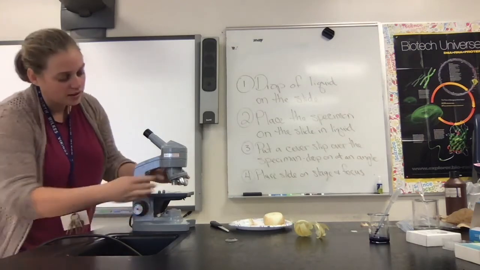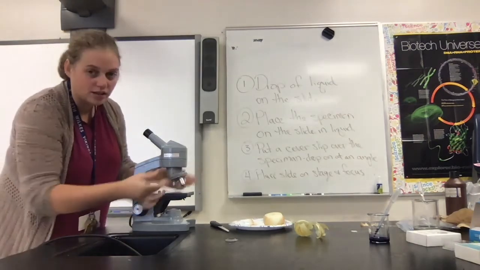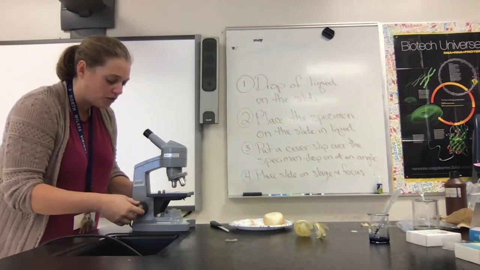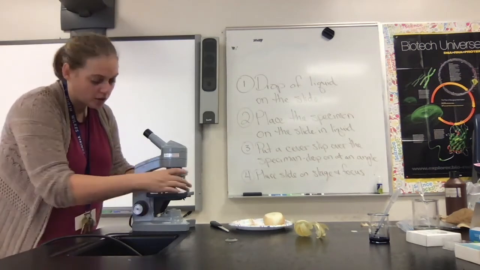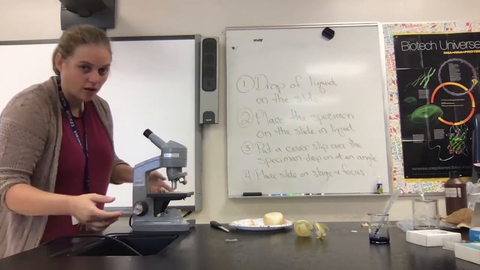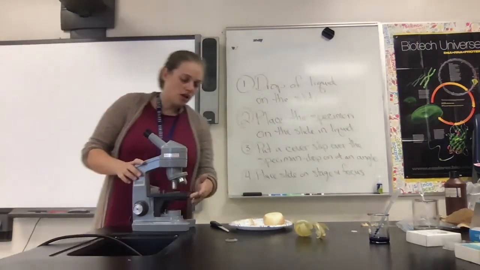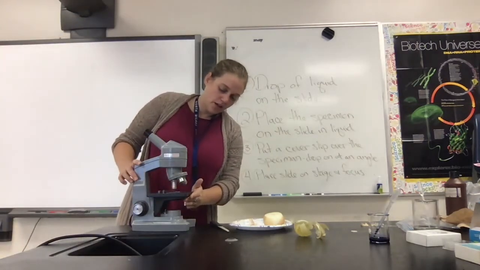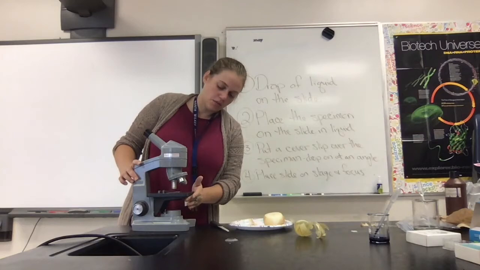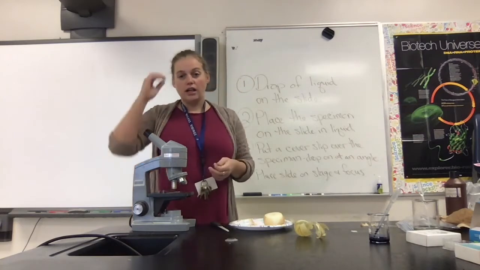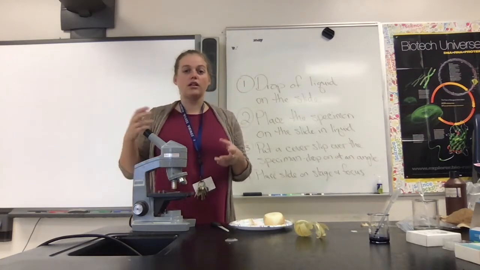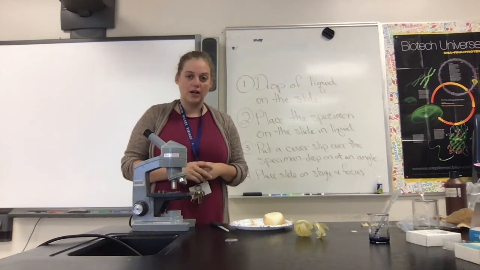And once I see detail, I can switch to the next highest power and I can use my fine focus from there to try to get more and more detail all the way up to high power. There's also a little slider here on your microscope that will control how much light you're letting go through the slide, and that you can use to increase the contrast of what you're looking at.